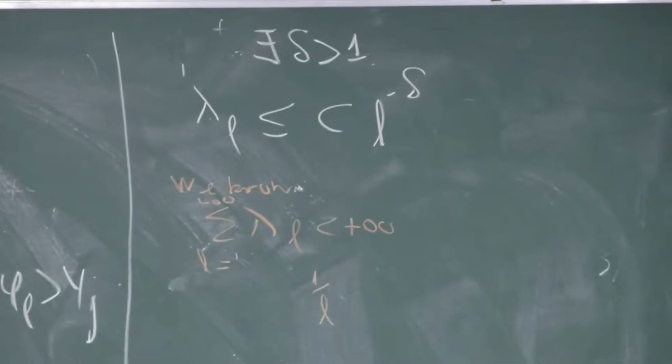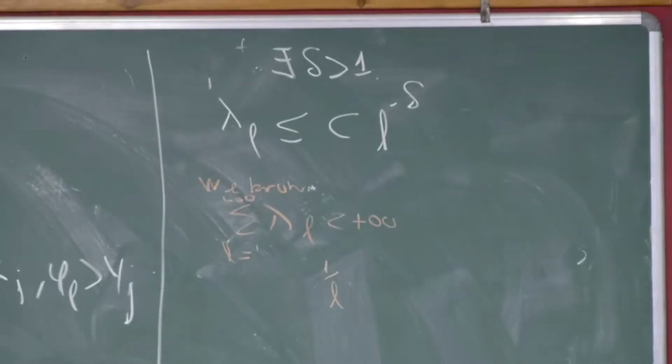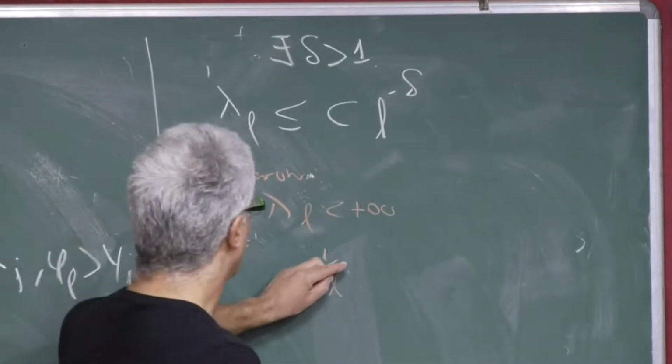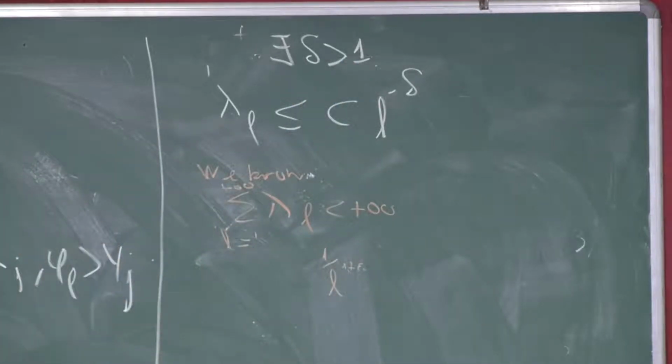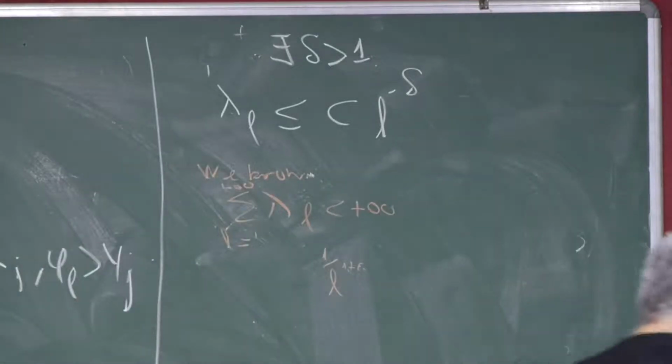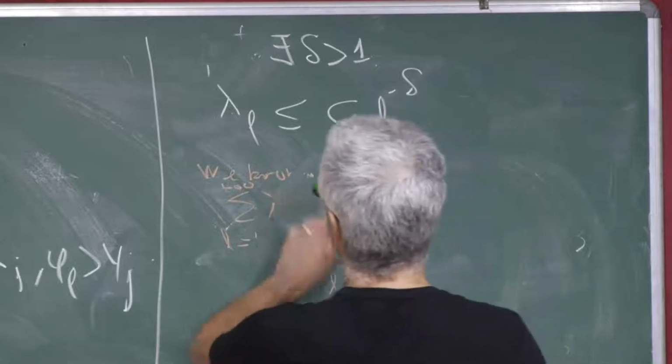Saying that delta is larger than 1 just means I have 1 plus something here. So it's almost equivalent. It's not equivalent, I agree with the fact that the series converges, but it's not that far. So this assumption is not very difficult to fulfill.